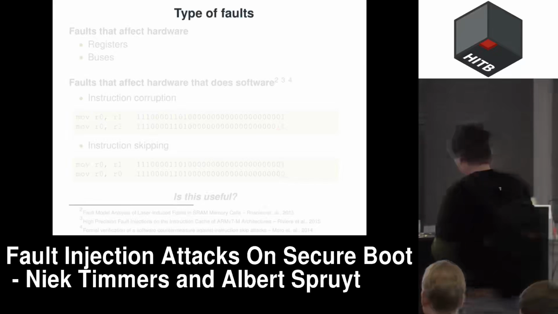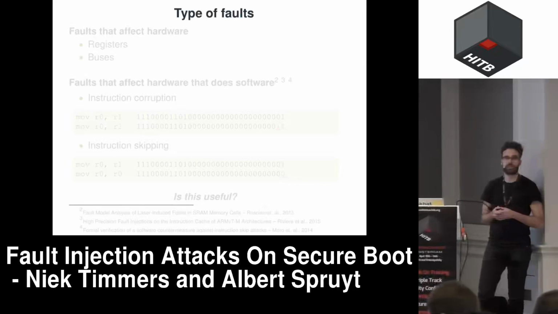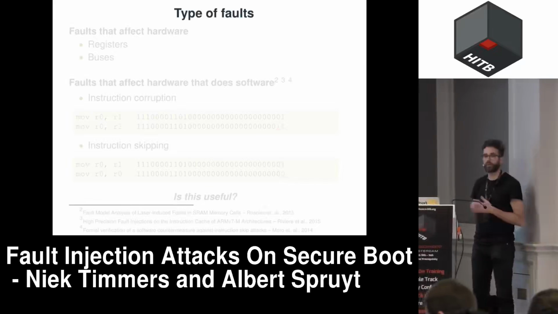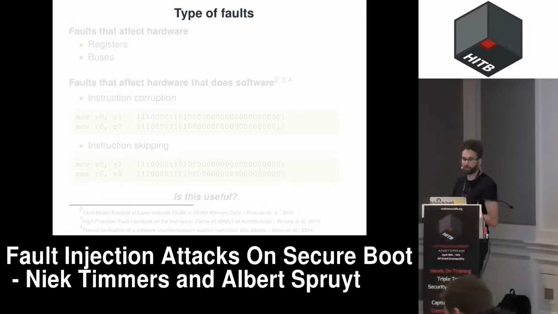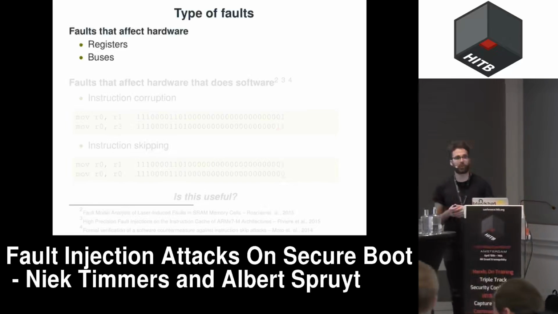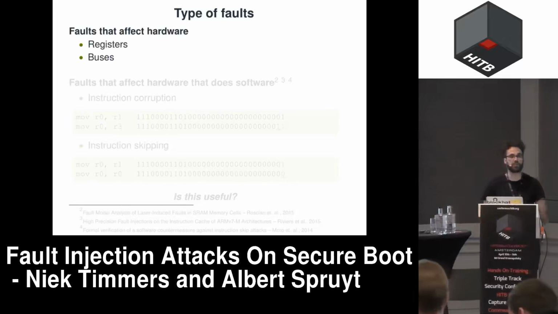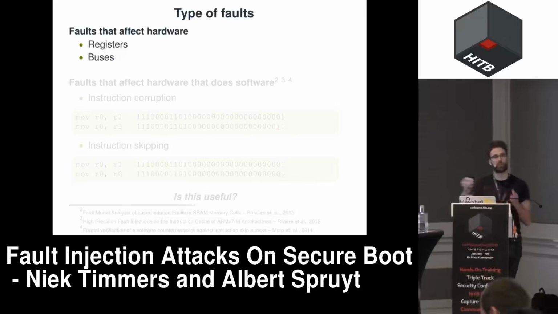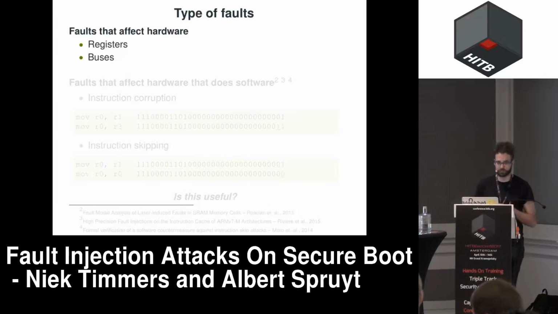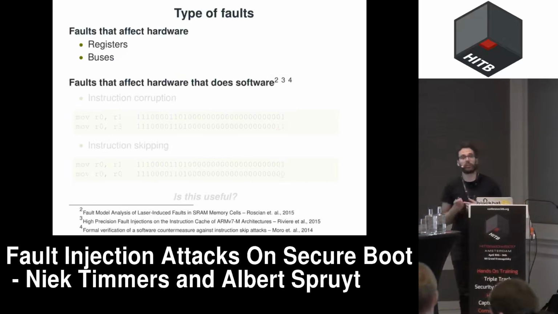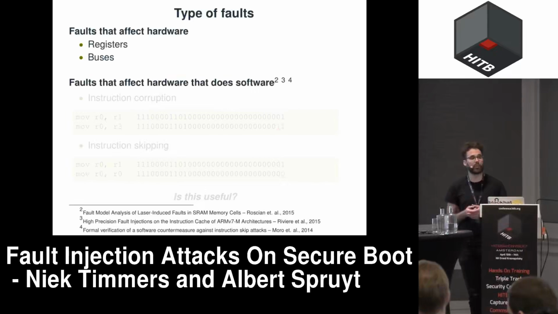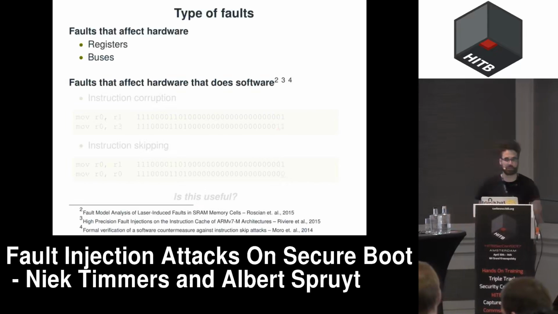The types of faults we can actually achieve using fault injection are very different. To give you some ideas of what types of faults are possible, we can, for example, affect hardware within the target. So we can change the data that is stored in instructions or data that is transferred over a bus, while it's in transit. Also, we can affect the subsystem that's responsible for executing software, for example, the ARM subsystem.